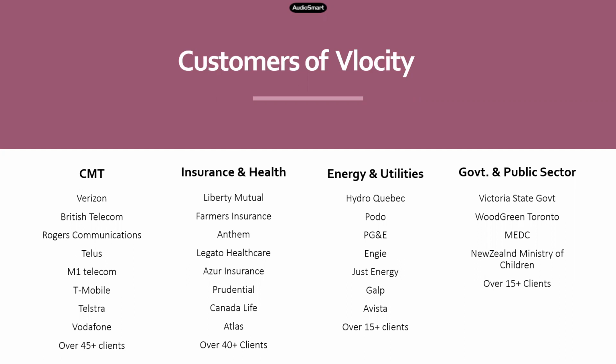Now I think it has gone up to 500-plus customers across various industries, and most of those customers are well-settled companies. So you can see Verizon is using it, British Telecom has started to use it, even Vodafone has started to use it. Yeah, there are a lot of companies using Vlocity.